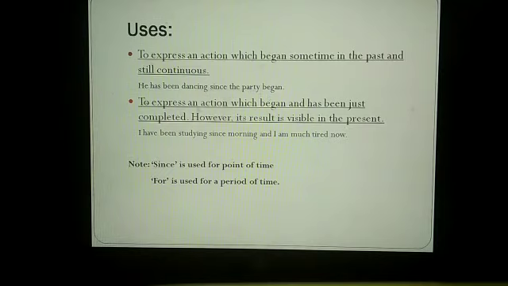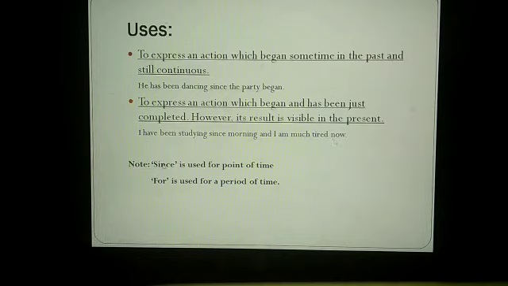Then, to express an action which began and has just been completed, however its result is visible in the present. See the example: I have been studying since morning and I am much tired now. And now, what is the result? I am much tired now.